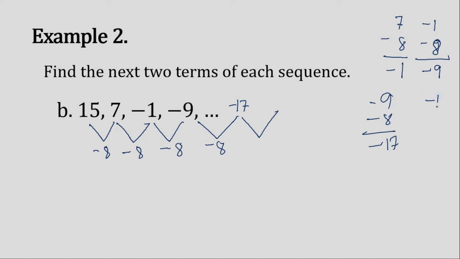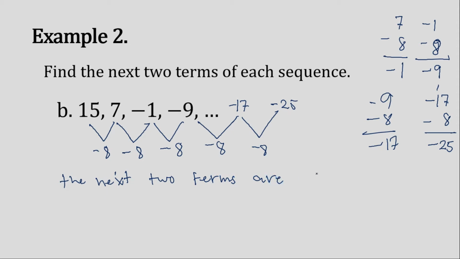Negative 17 minus 8 is negative 25. So the next two terms are negative 17 and negative 25. This will be our answer.